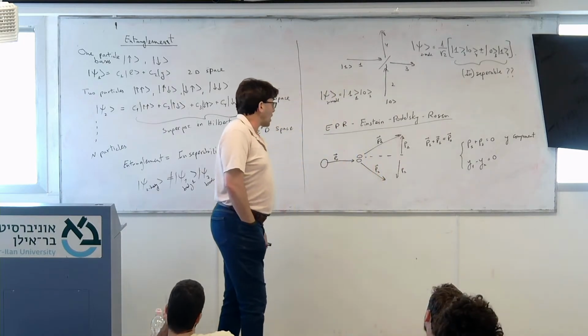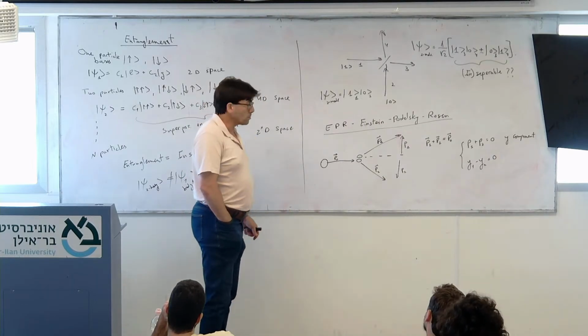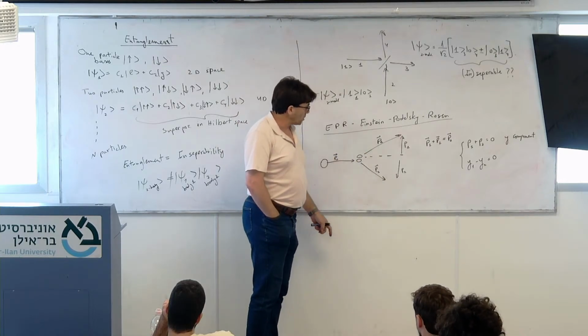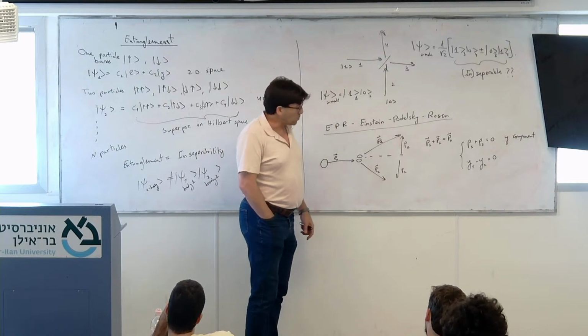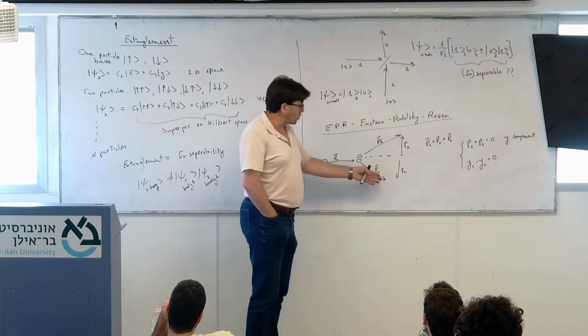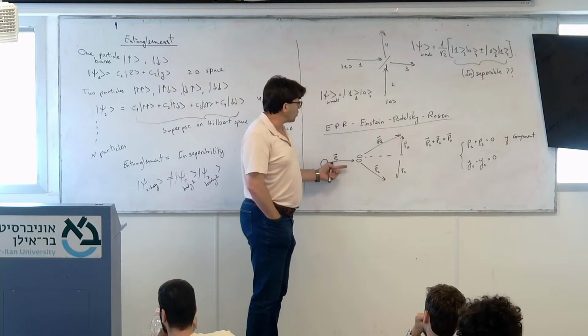So Einstein said, let me show you how we can measure this. I'll take this particle and measure its momentum. So I'll know its momentum, but then I know the other one as well. The other one is moving that way.